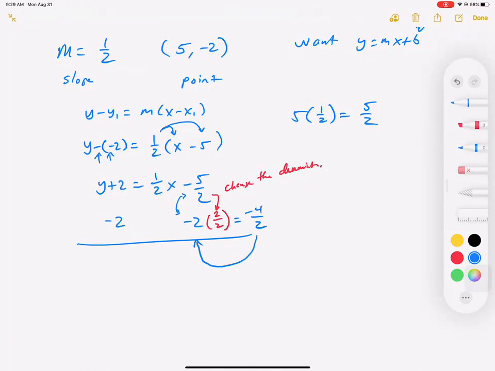Well, yeah, I did this so that these two numbers can now combine super easily. Negative 5 over 2 minus 4 over 2, since they have the same common denominator, we can write it as y is equal to 1/2 x minus 9 over 2.